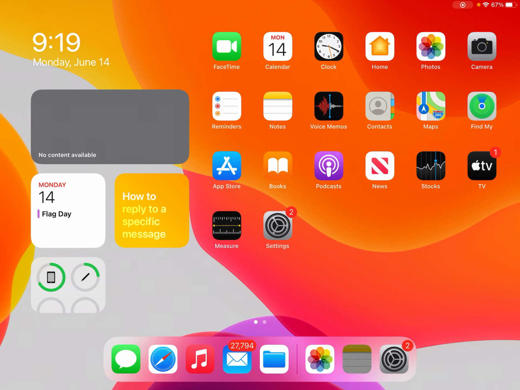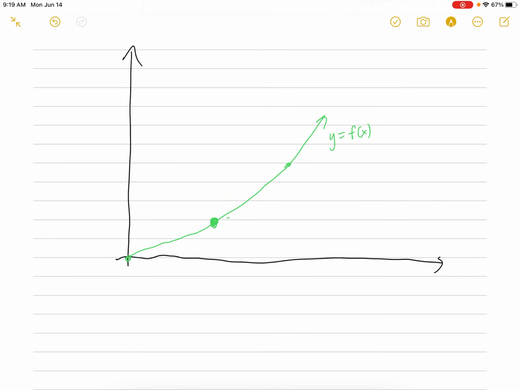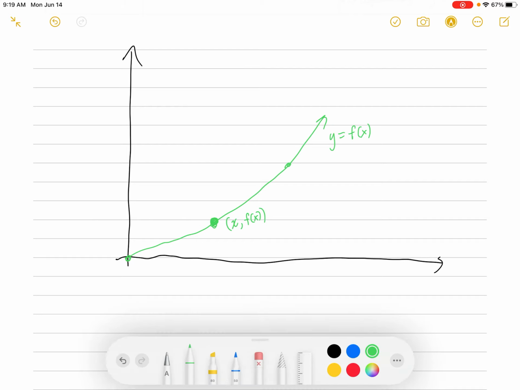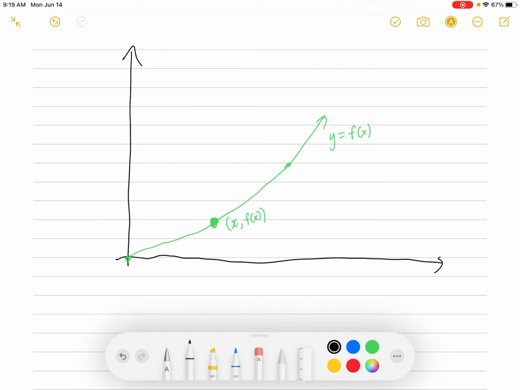So this is the parent, the mama function, y equals f of x. So my input is x, my output y is f of x. So I trace the input back to the x-axis, that's the x-coordinate. I trace the output f of x back to the y-axis, so my output here is f of x.